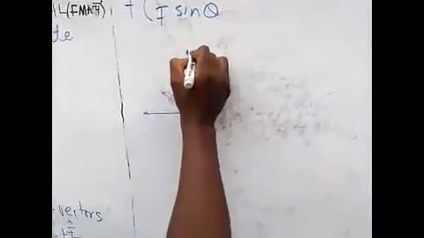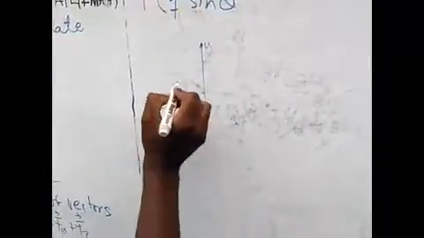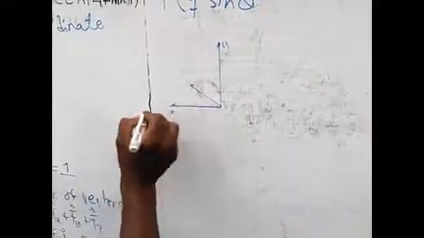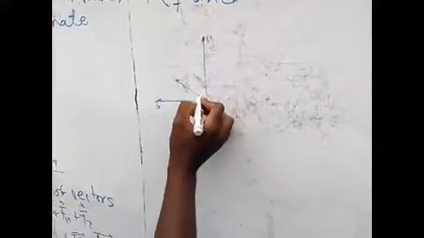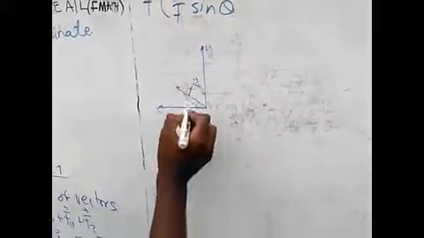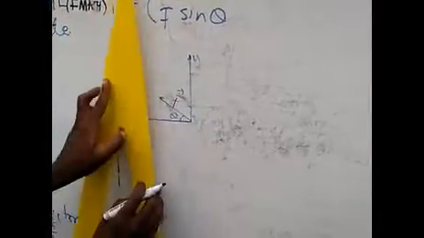I call this my y, call this my x. It should be minus x, but we know this is in the negative direction. And this, my F, this is my angle. So I'm going to follow the same principle, but you will discover that I'm going to have a negative sign somewhere.